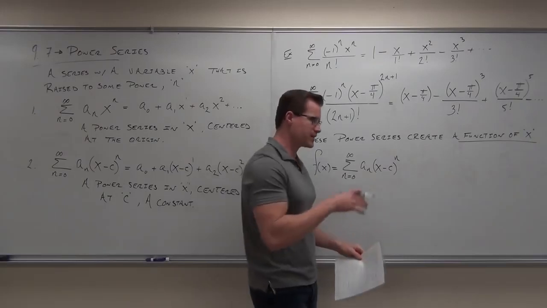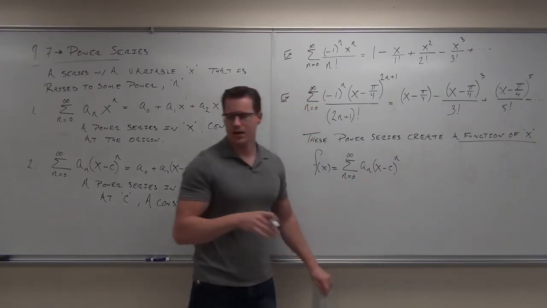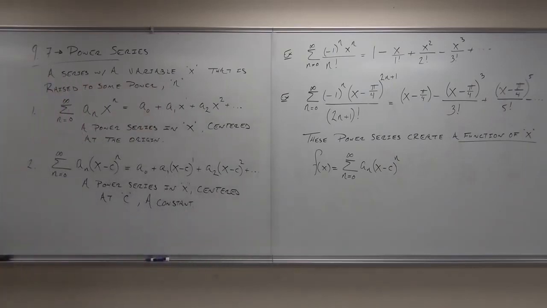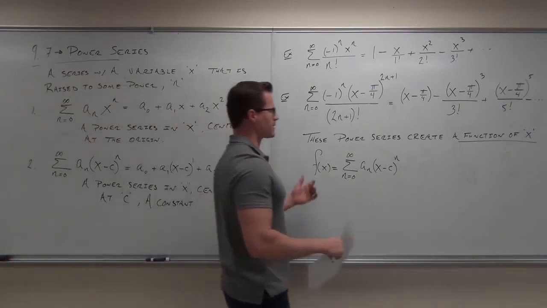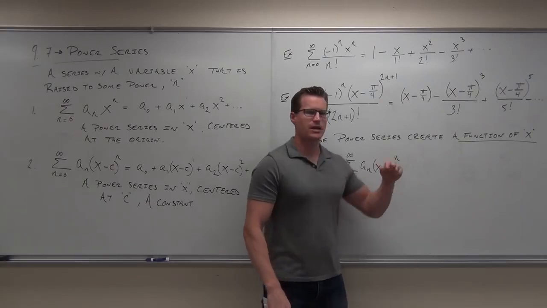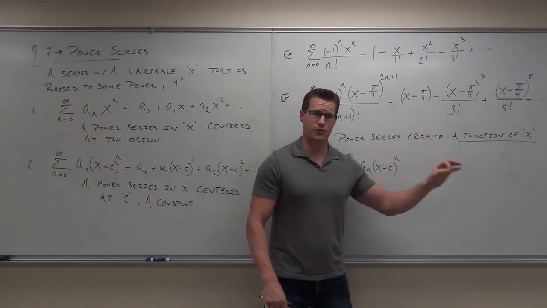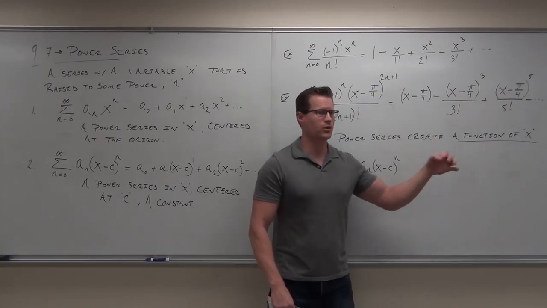Now, this is what's going to be interesting. Please listen carefully. If I have a function equal to my series, when I plug in some x, I'm going to get a series of terms, correct? That series is either going to converge or it's not going to converge.